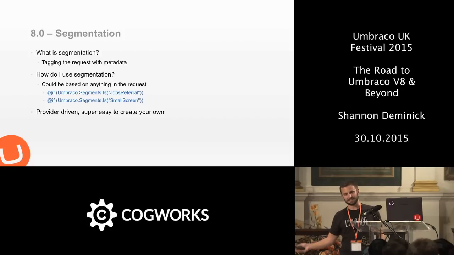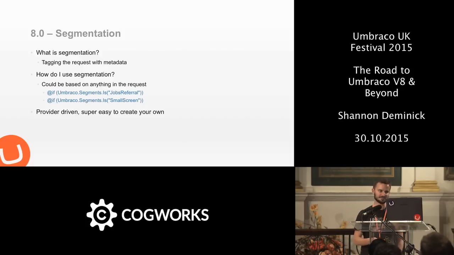It could be anything, and this is all provider driven, so you can add your own segmentation providers. It could be anything based on the request: member data, any header in the request, query strings, the path, the domain, whatever.